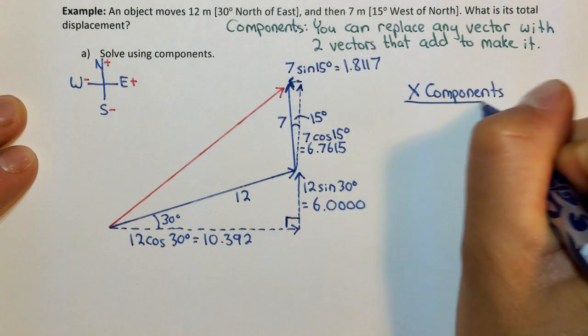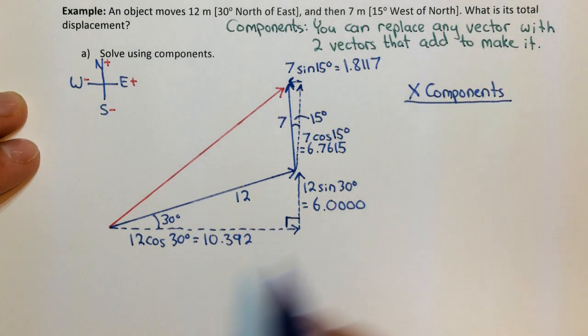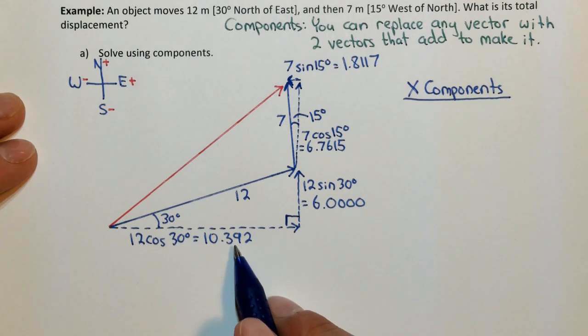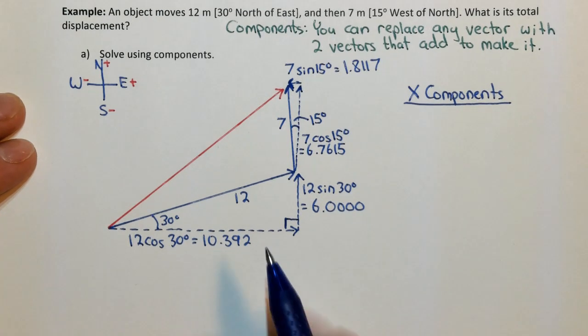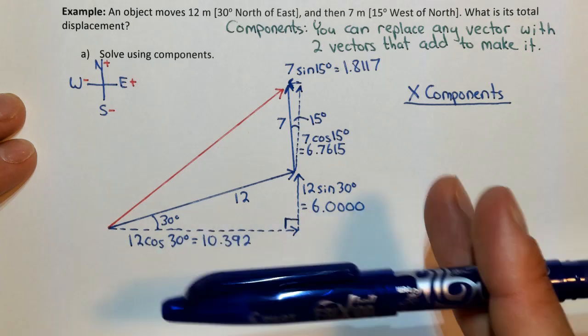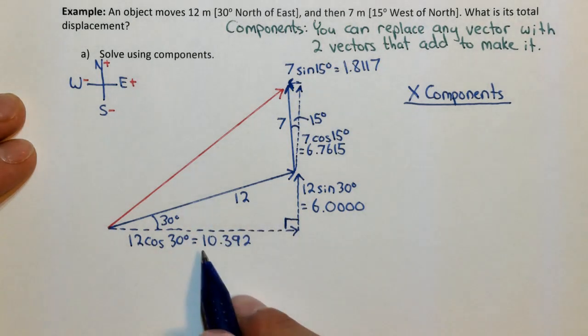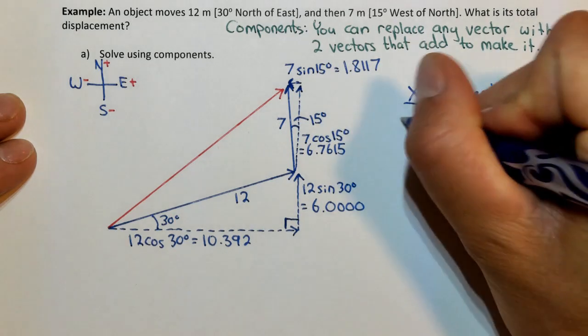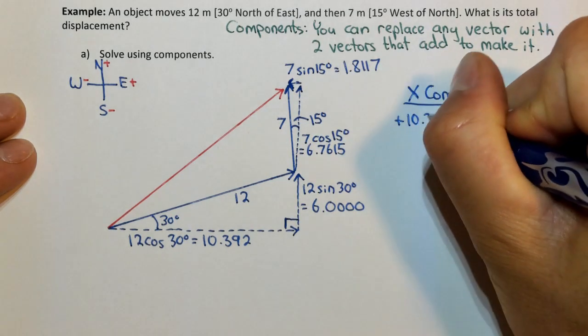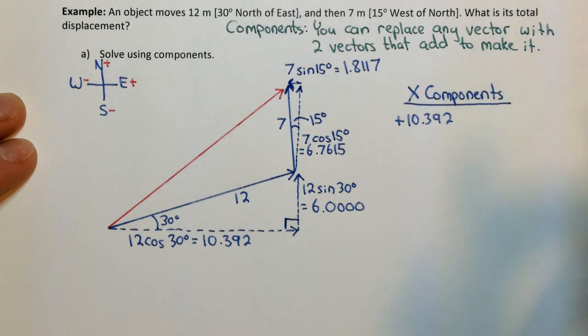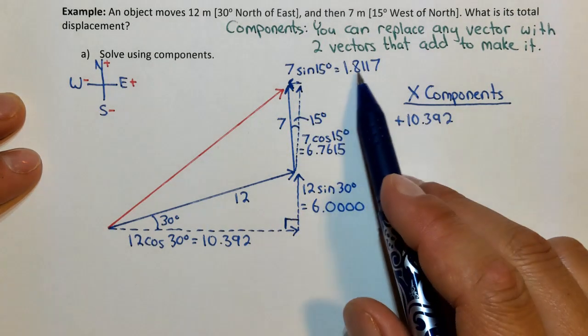Looking at just the x components, I have 10.392, and because I'm only looking at the x direction here, I can use positive for east and negative for west. So this is going east, so it's a positive 10.392. And then I have a 1.8117.